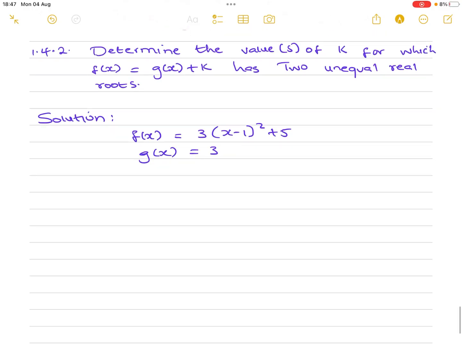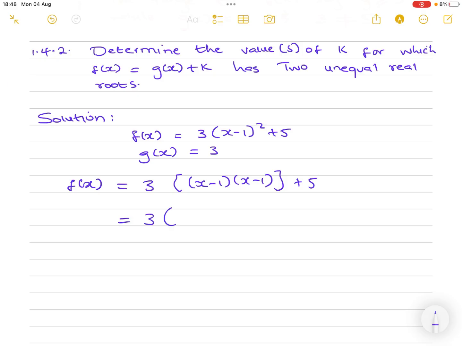Now look at what I will be doing. I want to write f(x) in standard form: 3(x minus 1)(x minus 1) plus 5. We want to use algebra to solve for k, unlike the way I did it earlier by just helping you visualize the graph that I drew for you.